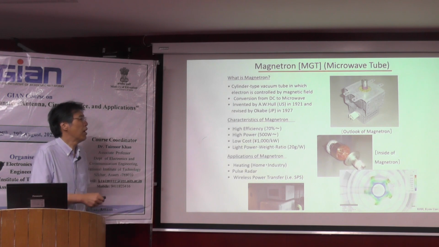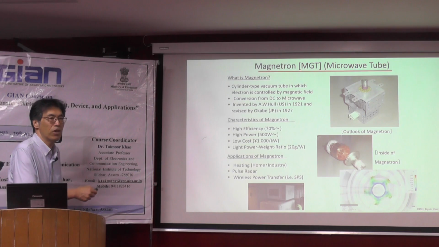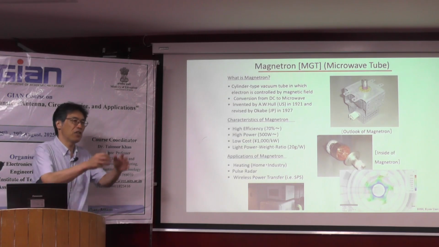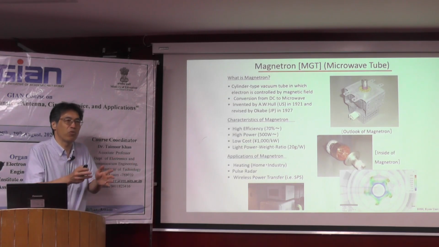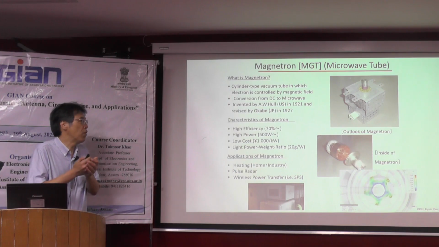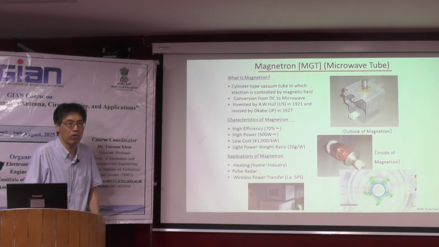But still, for the microwave oven, we use the magnetron. And for broadcasting from the satellite, the satellite has a microwave tube, the traveling wave tube TWT, and they transmit the wireless communication radio wave from space to the ground.